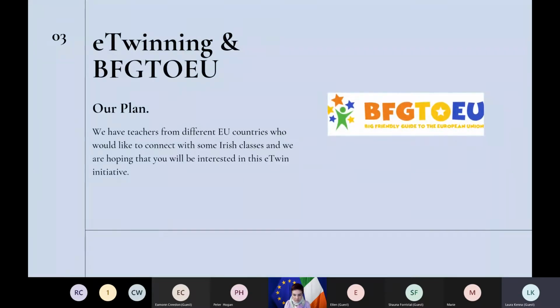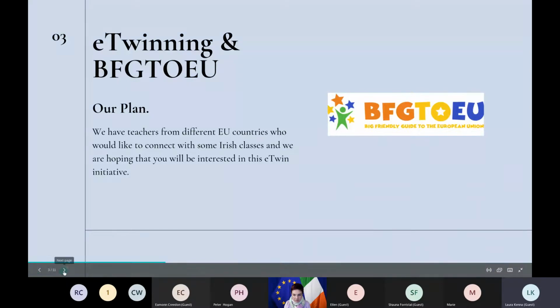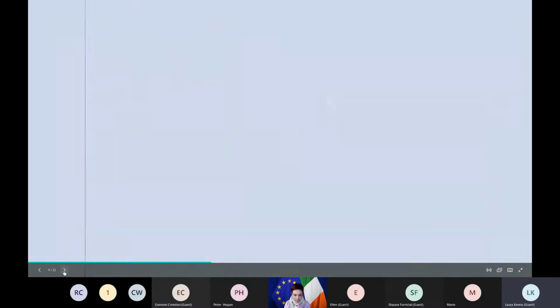Now, this year with BFGTOEU, Emmanuel had the great idea that we would develop an eTwinning project that would incorporate some of the elements of BFGTOEU with the Irish cohort of teachers and also with some classes around the EU. So this year, if you would like to join our eTwinning project, you will be matched with a similar aged class in a different EU country, and you might complete some of the activities together.